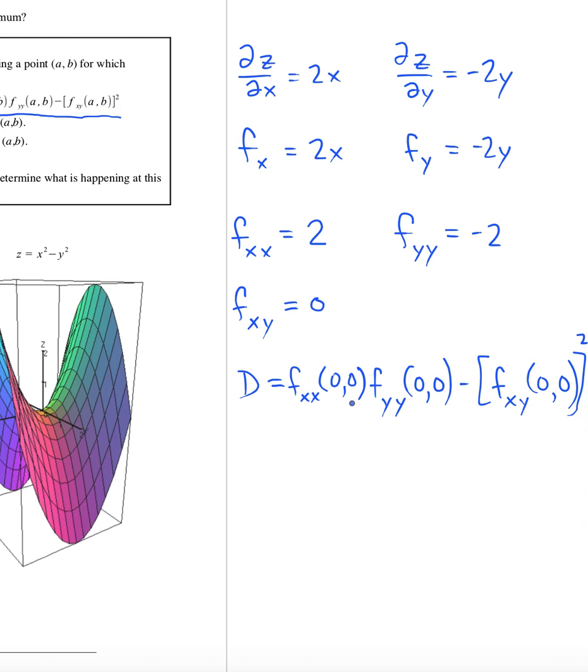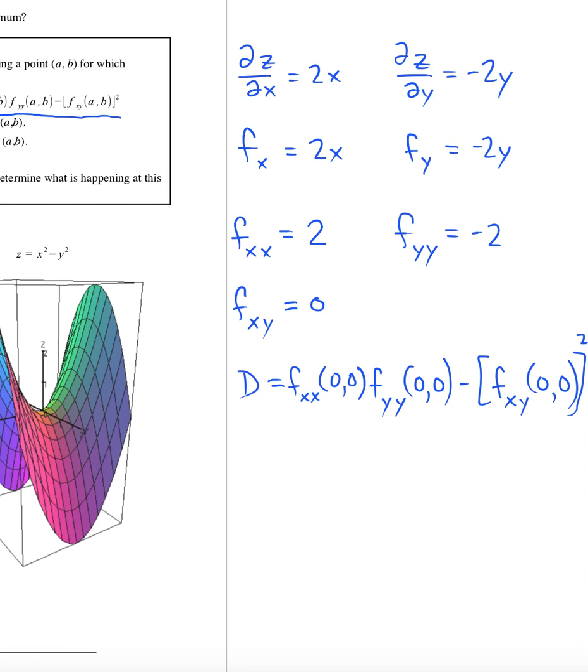I have fxx at the critical point in question, fyy at that critical point in question. And then we have to subtract the mixed partial fxy evaluated at the critical point in question. And we have to square that last part as part of the formula.